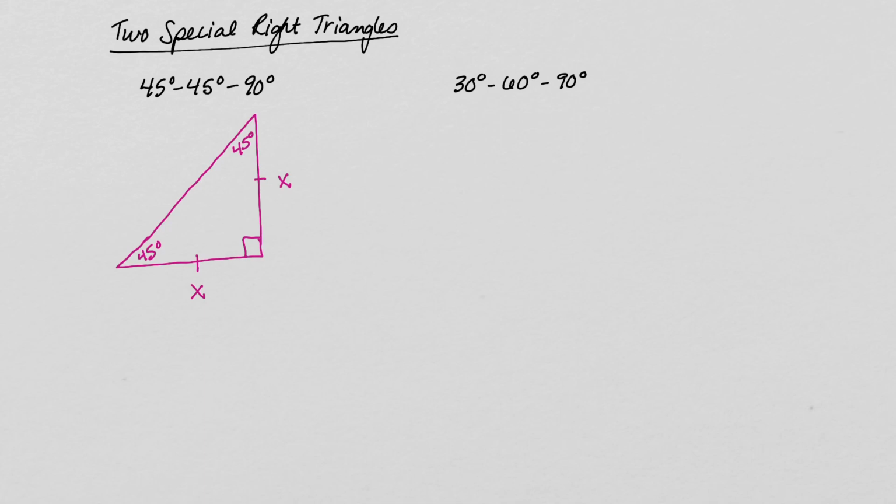And then if you use the Pythagorean Theorem to find the third side, you would find out that it ends up being x times the square root of 2. So for instance, if this was a 3 and this was a 3, you would have 3, 3, 3 root 2. Or 7, 7, 7 root 2. 100, 100, 100 root 2. So the sides are always in the same proportion.